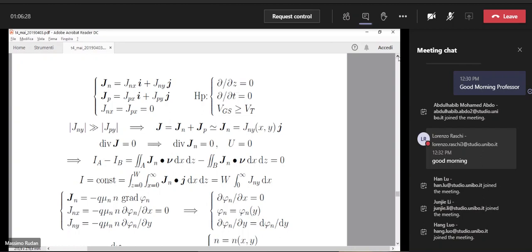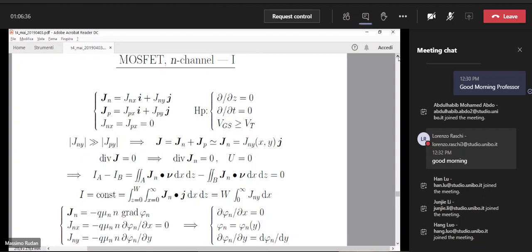At this point, we have a two-dimensional structure, so we expect that the electron current density Jn and also the hole current density Jp in principle have two components.